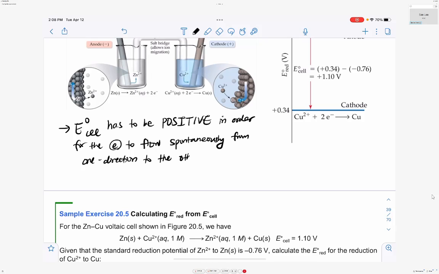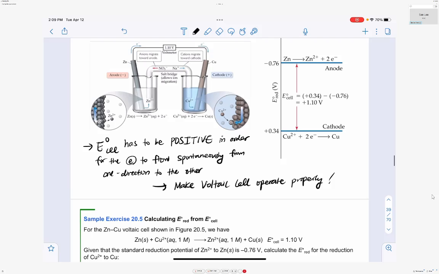This will make the cell operate properly, right? Because if there's no continuous flow of electrons, there will be no electricity generated, right?